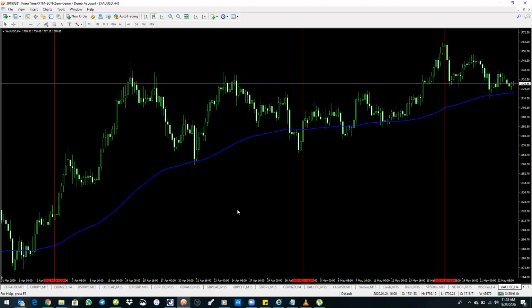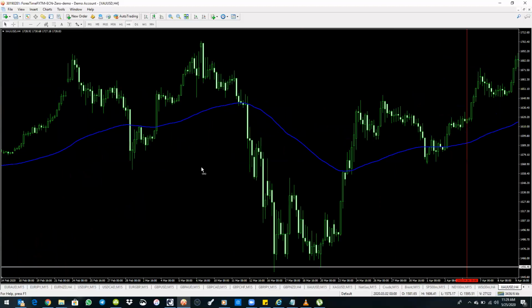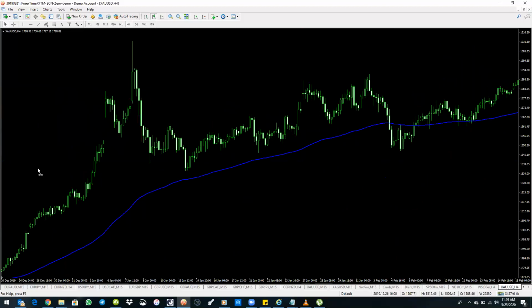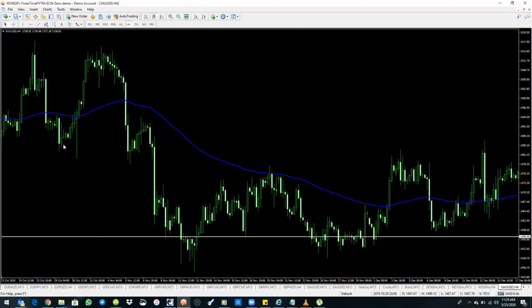Now, how do I maximize this? One way you can do it is just like I've shown you. Whenever you see a rejection of the 100 period moving average, you can decide to buy. If it's bearish, let me look for when the market was bearish, because gold has been quite bullish for quite some time.